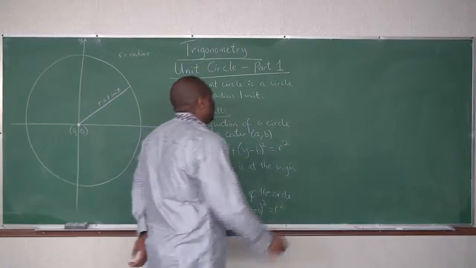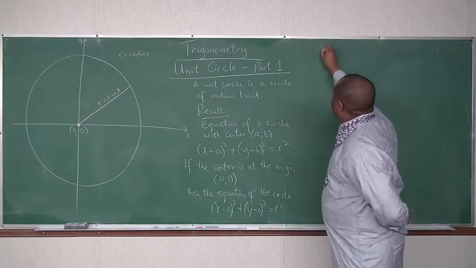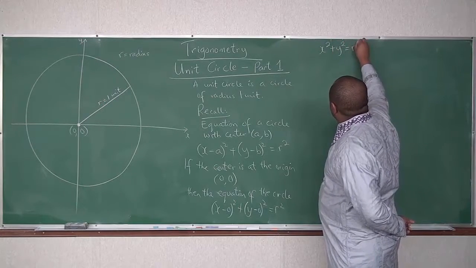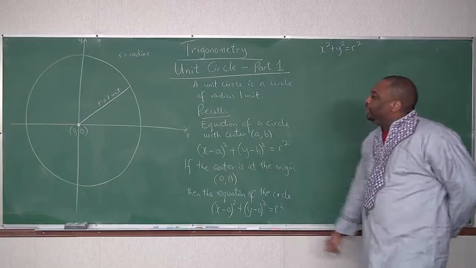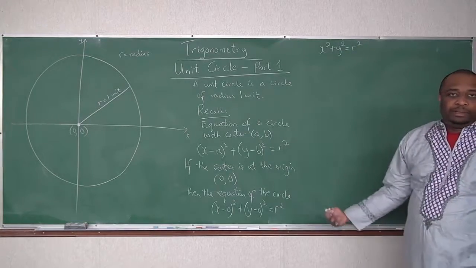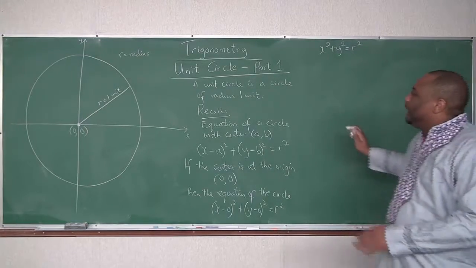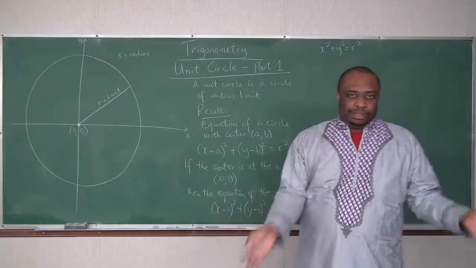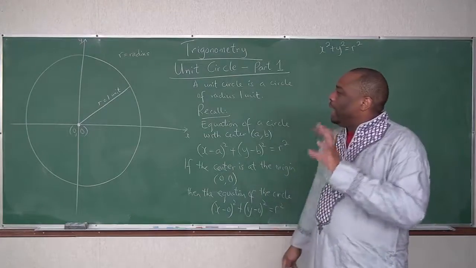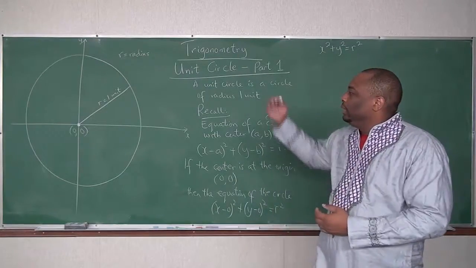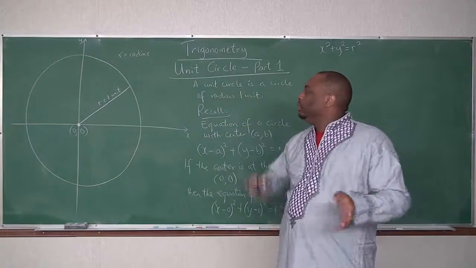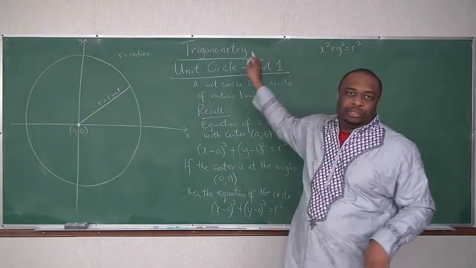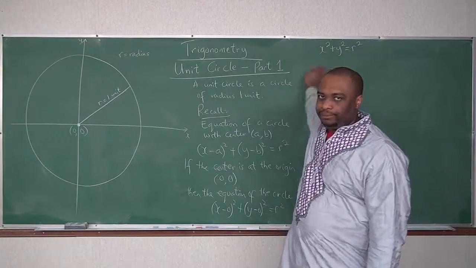So this means that it will be x squared plus y squared equal to r squared. Now, for this unit circle that we are going to study, we are looking at a circle with center at the origin and radius 1 unit, and this is the equation of that circle right here.